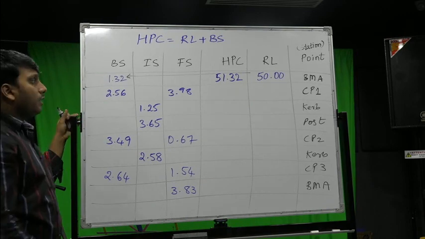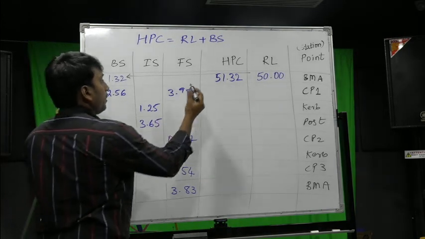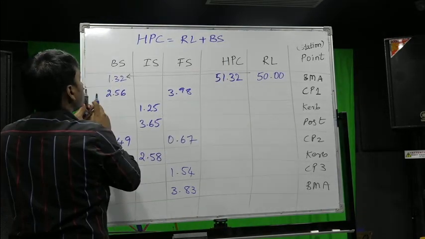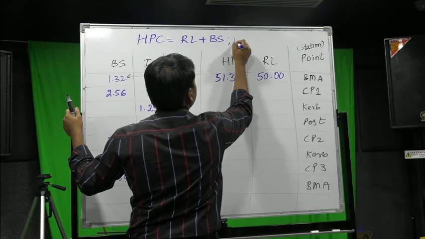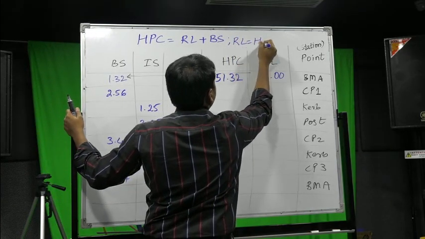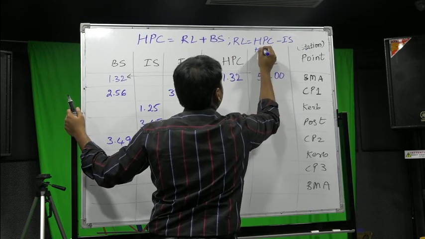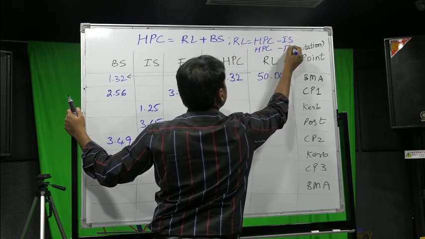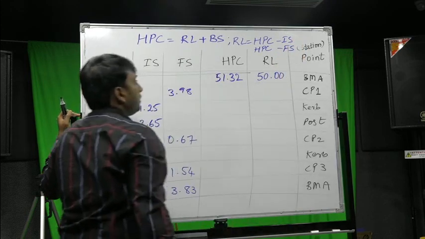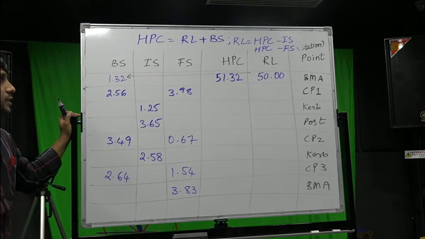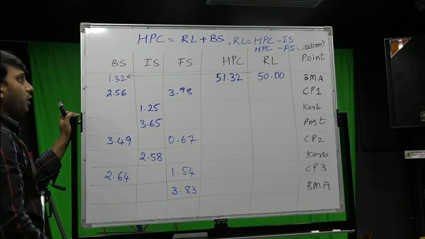Now how do you calculate the RL of CP1? The formula to calculate the RL is HPC minus IS, or HPC minus FS, HPC minus intermediate sight or HPC minus foresight, whatever it is.